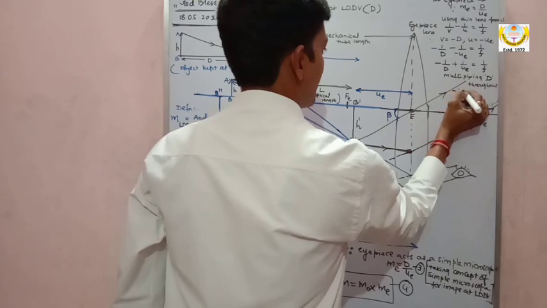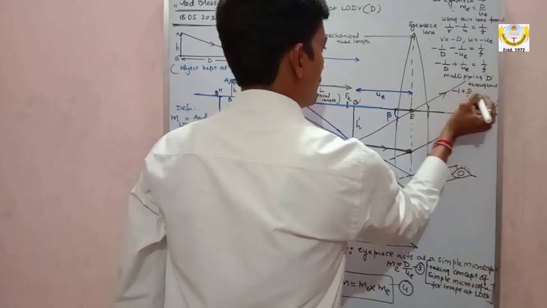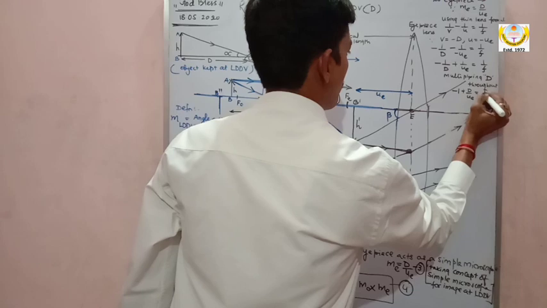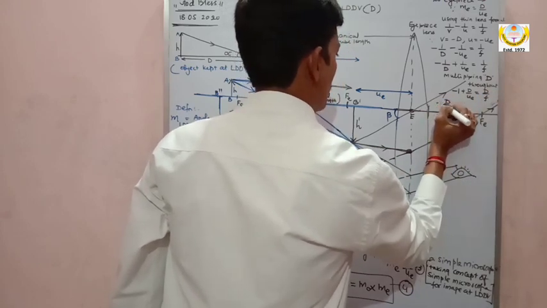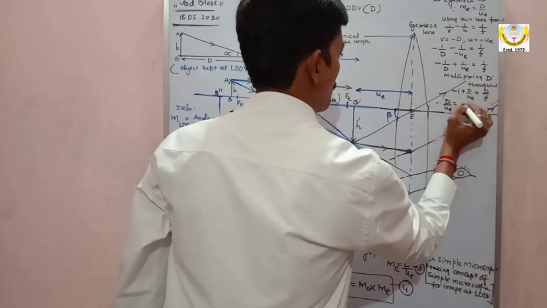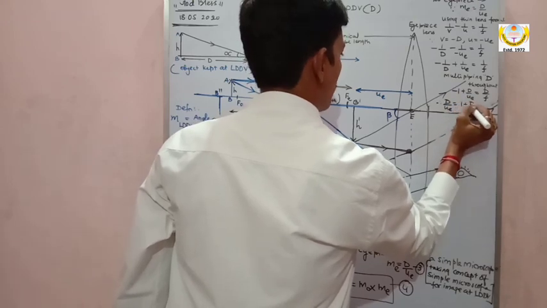Minus 1 plus D by UE is equal to D by F. Therefore, D by UE is equal to 1 plus D by F.